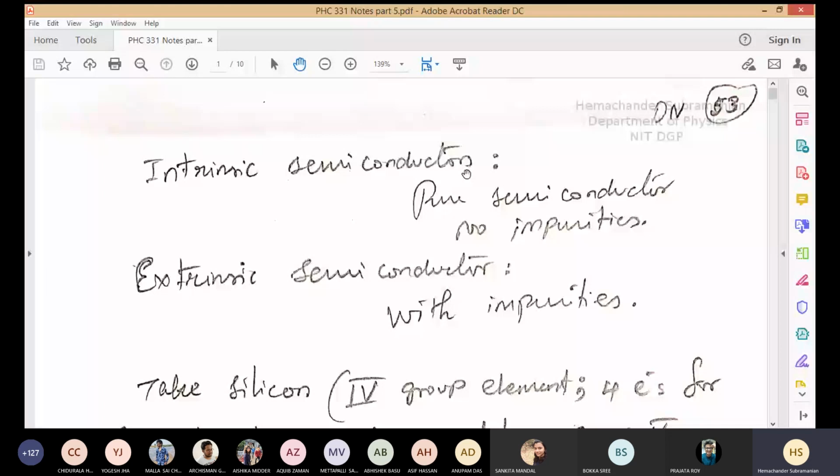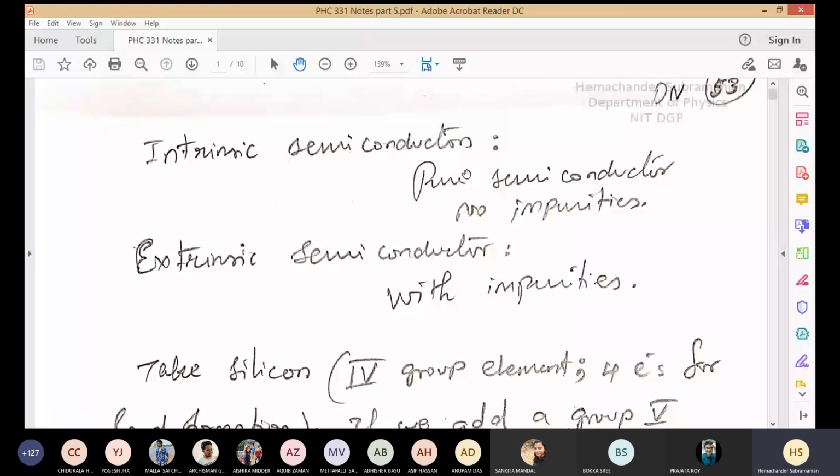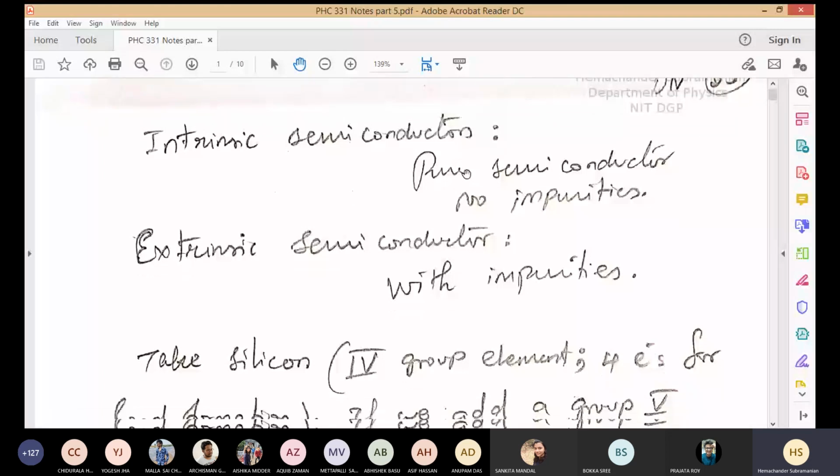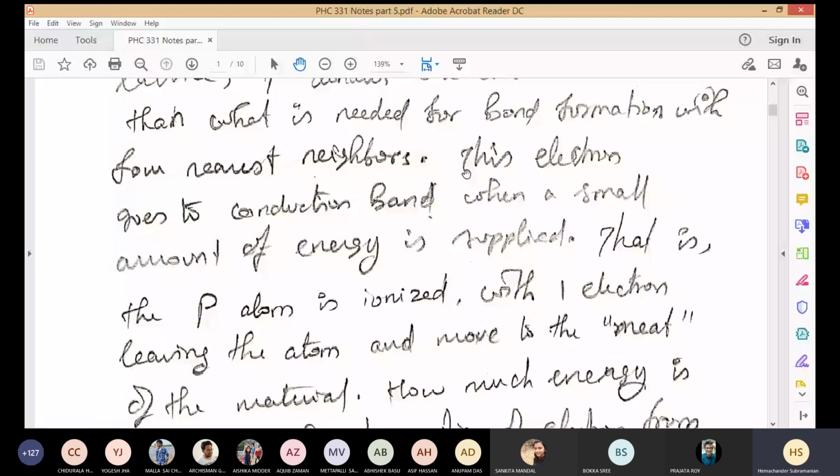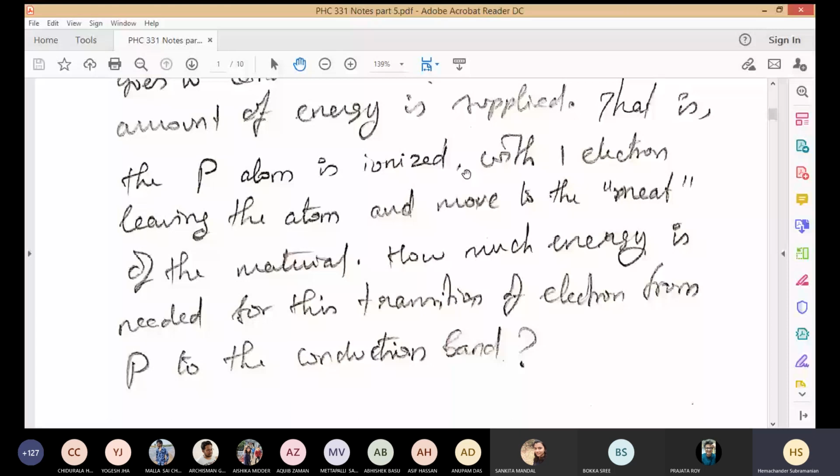Okay, so that's what I said right there. And so what happens is when the phosphorus atom gives out an electron, that electron doesn't float away right away, because that electron is weakly bound to the phosphorus atom.